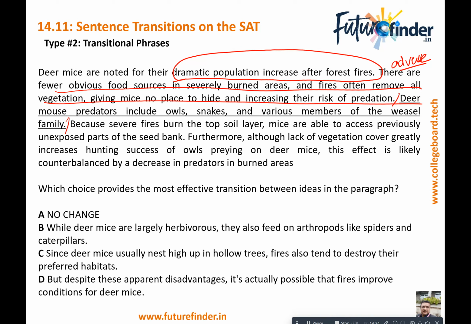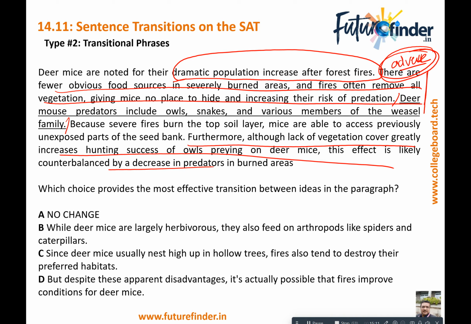So we are looking at a transition as to why even the adverse effect causes the mice population to thrive. The transition between these two should explain why this is happening despite the conditions being adverse. So we are looking for words like why, despite, however. There is a contrast here, right?